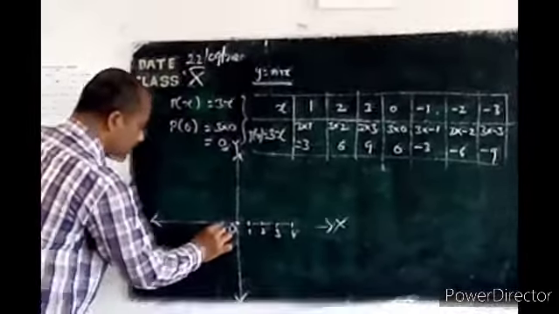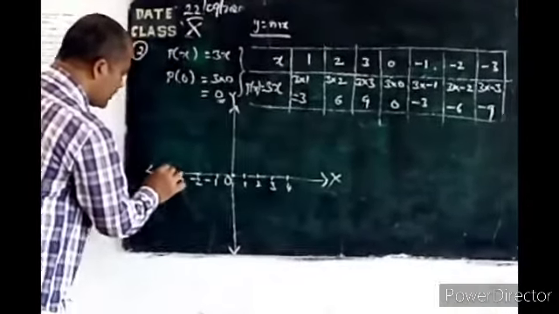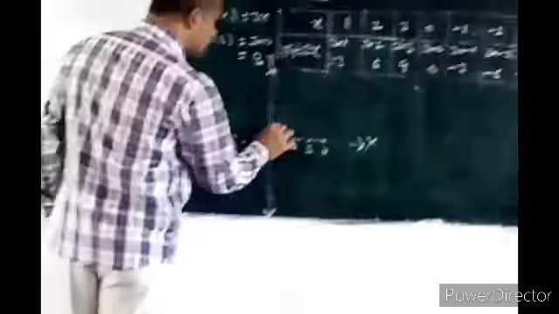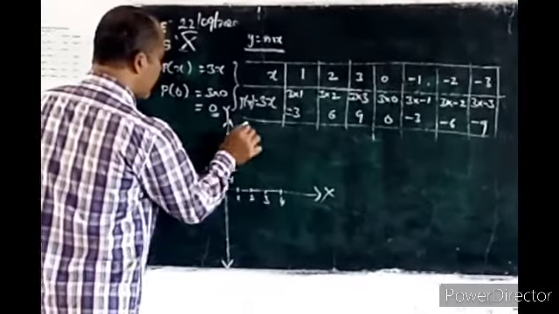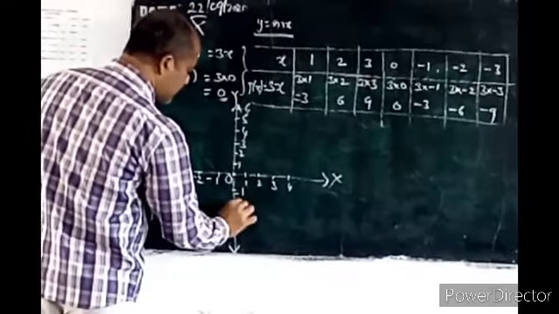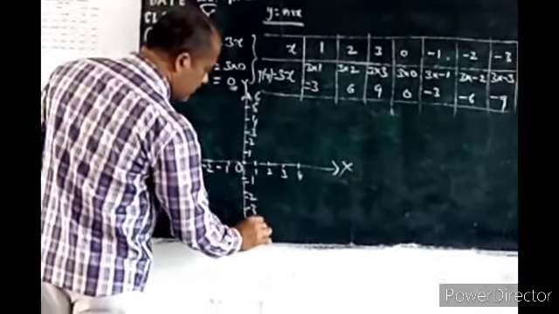Here negative numbers: minus 1, minus 2, minus 3, minus 4. Upwards plus 1, 2, 3, 4, 5, 6. Here negative: minus 1, minus 2, minus 3, minus 4. Like this we are getting.